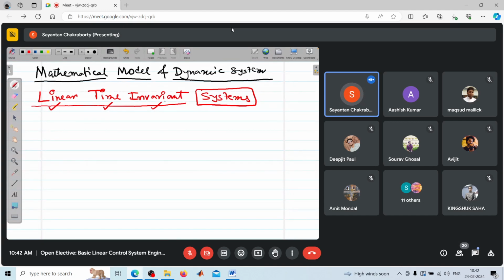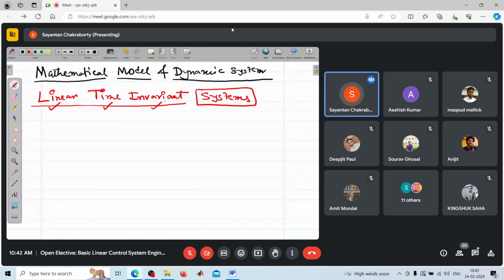In that case, your next intention will be to improve your modeling, that is, to incorporate some of the phenomena that you have ignored in the first level of modeling. So you incorporate some of the non-linearity. Your mathematical equations will no longer be linear time invariant, rather they will be more involved.